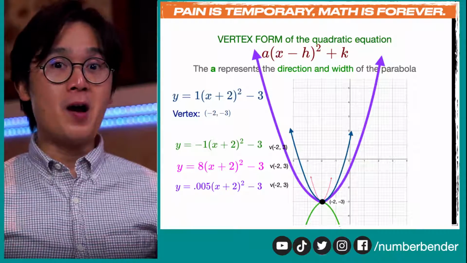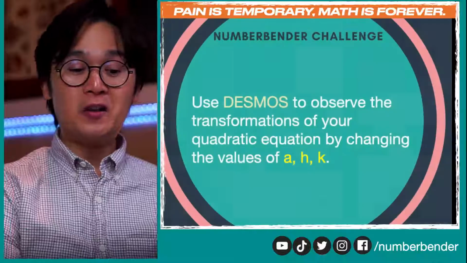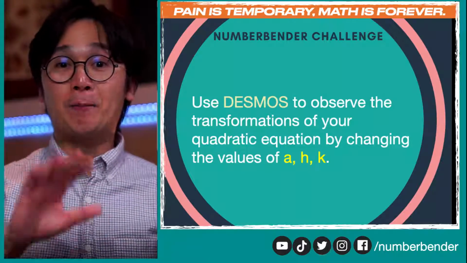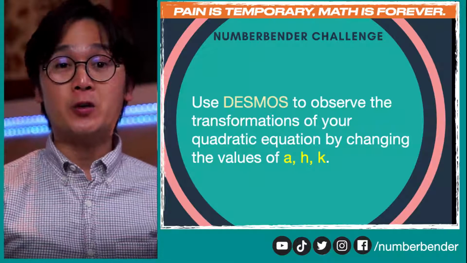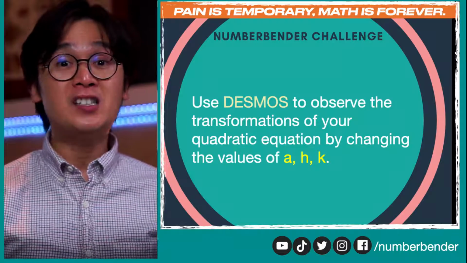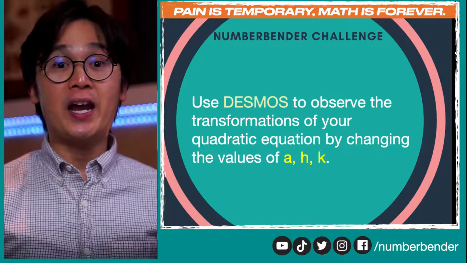So for our Numberbender challenge for today, what I want you to do is go to Desmos and play with the application so you can have a better understanding of how your parabola is transforming based on how you change your a, h, and k.